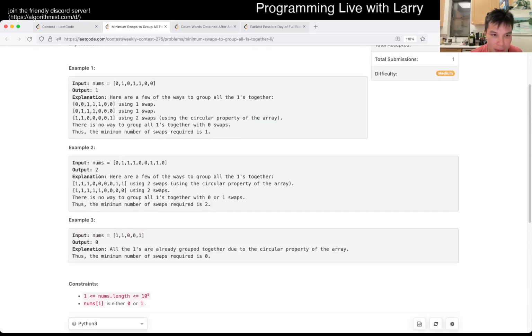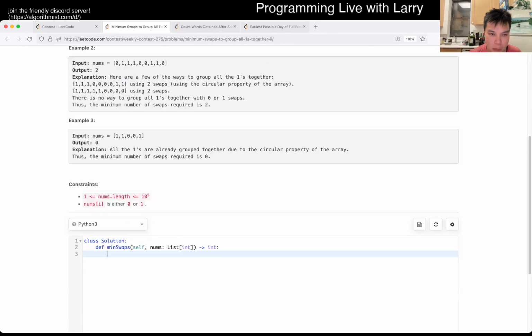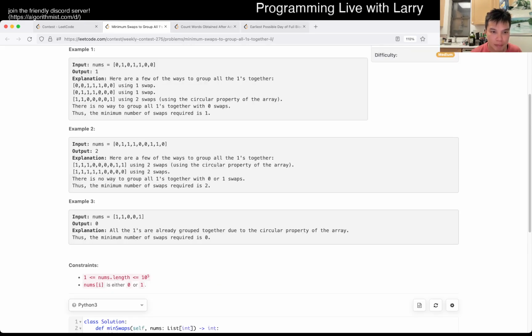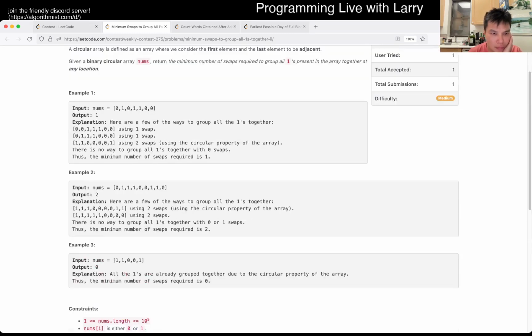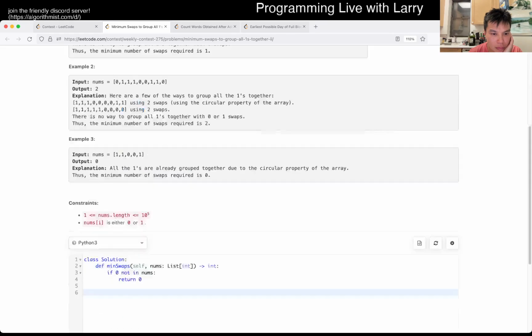Swaps is such a weird term, I guess. Okay, so then, okay, I see.